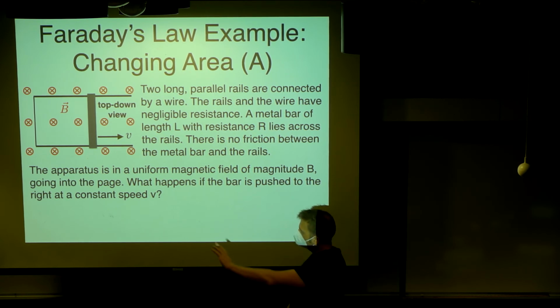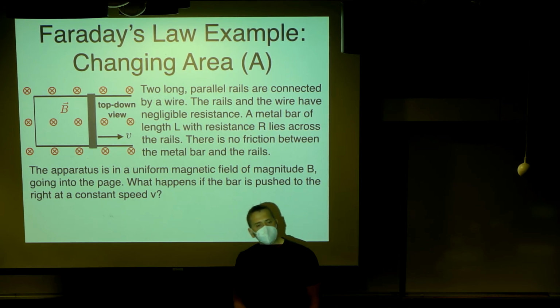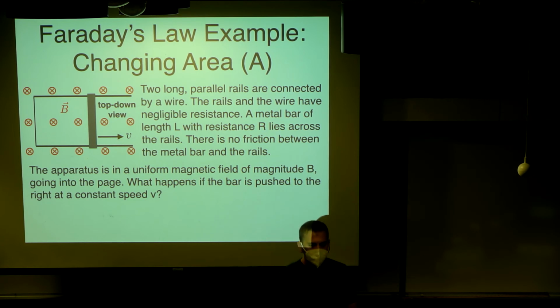Now assume that this bar is able to just slide along the rails, left to right or right to left, whatever you want, without any friction, okay? Okay, so this whole apparatus is in a uniform B field. Let's just say it's going into the page. There's nothing special about that, but let's take that as our example. So it's in this uniform B field going into the page.